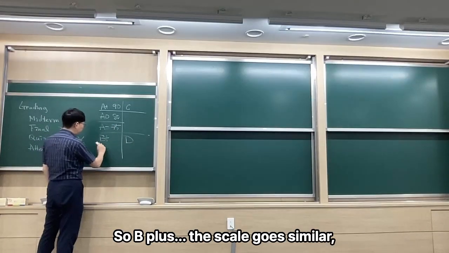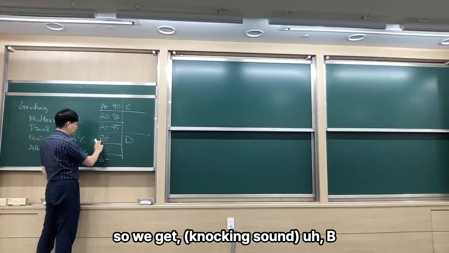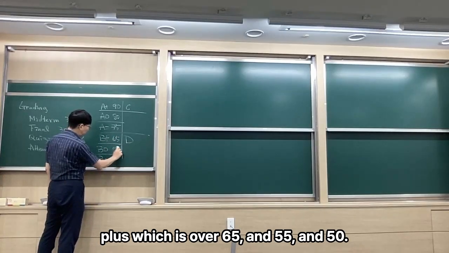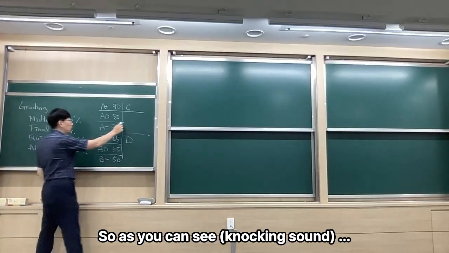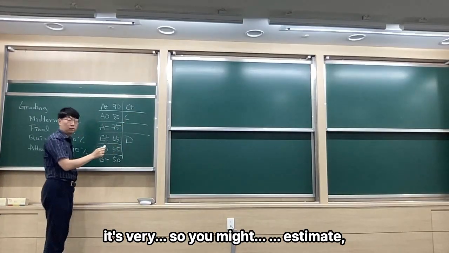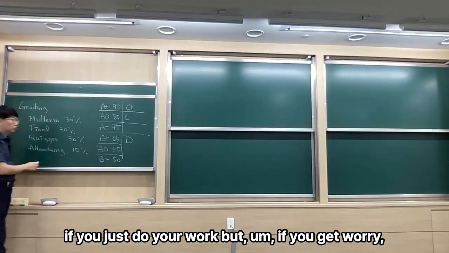So B plus, the scale goes similar. So we get B plus, which is over 65, and 55 and 50. So in my estimate, it's very hard to get C or D if you just do your work.